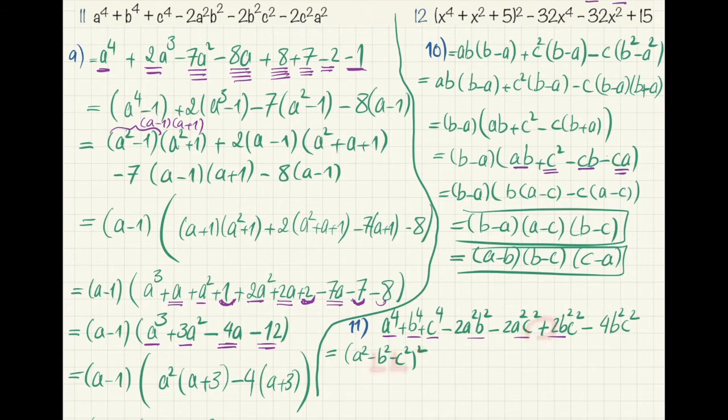You see? It becomes positive 2b squared c squared. So what I have written here is exactly this expression, and then I have minus 4b squared c squared left. And of course there is another name for that, and that is 2bc to the power of 2.